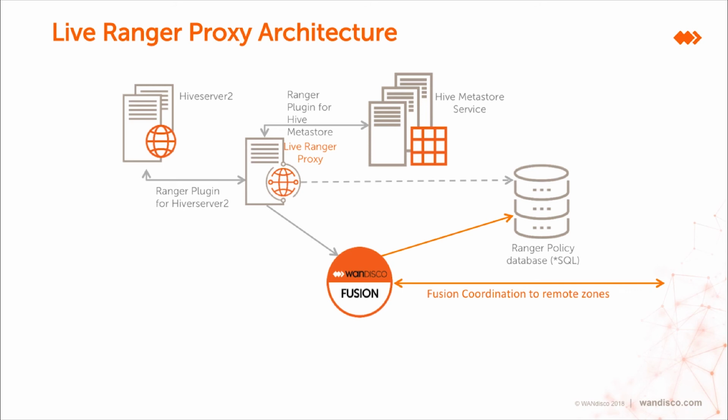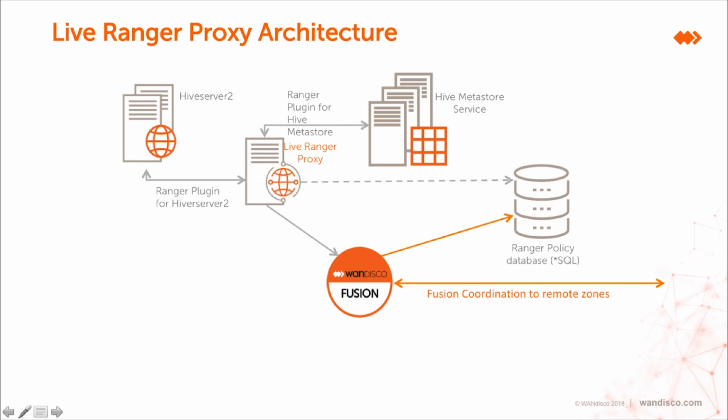And the Live Proxy works pretty similar to what we have for Live Hive replication. You can see the Live Proxy intercepts the call, and Fusion does the coordination, and then the policy databases are replicated. At this point, it's all policies.